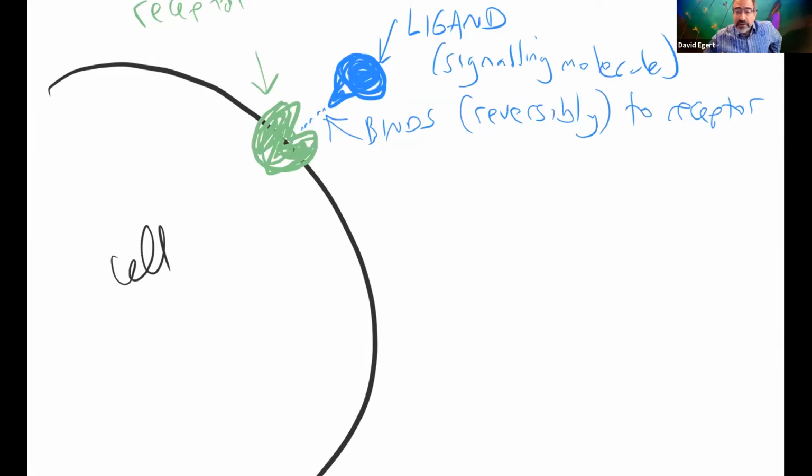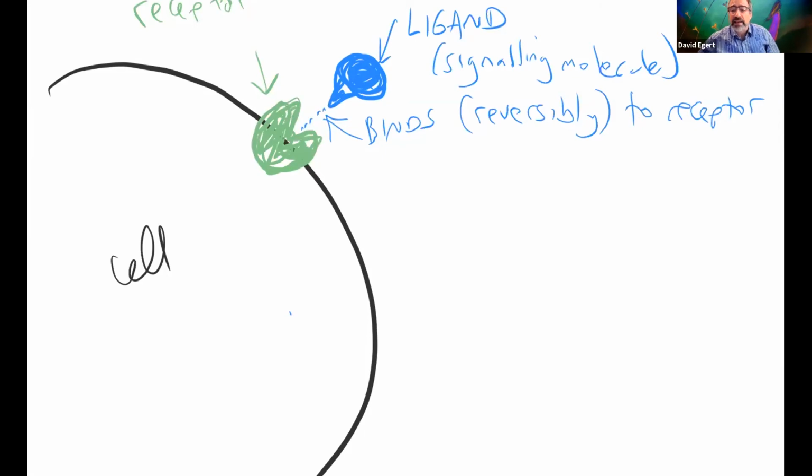The ligand could be a neurotransmitter, serotonin or dopamine or something binding a receptor on a neuron. The ligand could be insulin binding the insulin receptors on your cells, saying that there's sugar in your bloodstream. The ligand could just be sugar in your saliva that's binding onto the receptor on your taste bud. A ligand is just a molecule that is going to bind to the receptor.